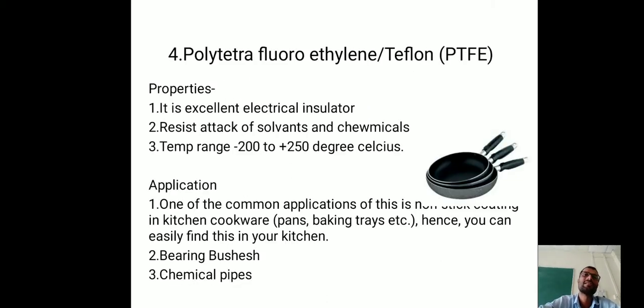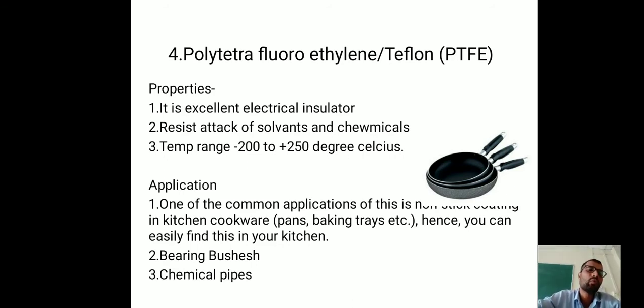After that friends, the next thermoplastic material, polytetrafluoroethylene or Teflon, means PTFE. Friends, if you see in front of us, one picture is there, and the picture is of a pot or pan.